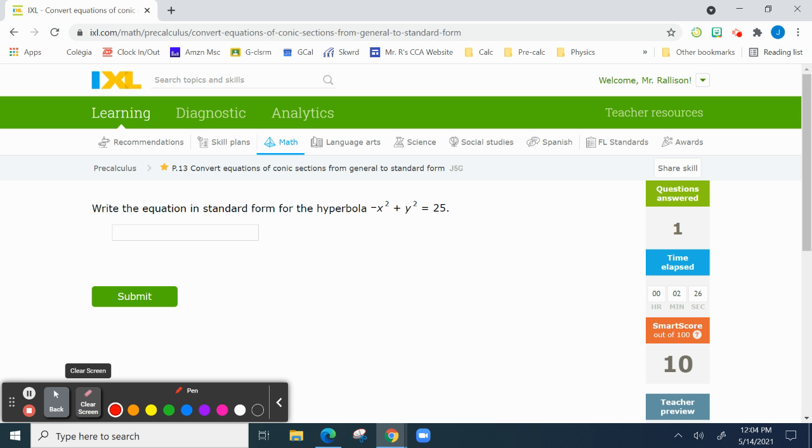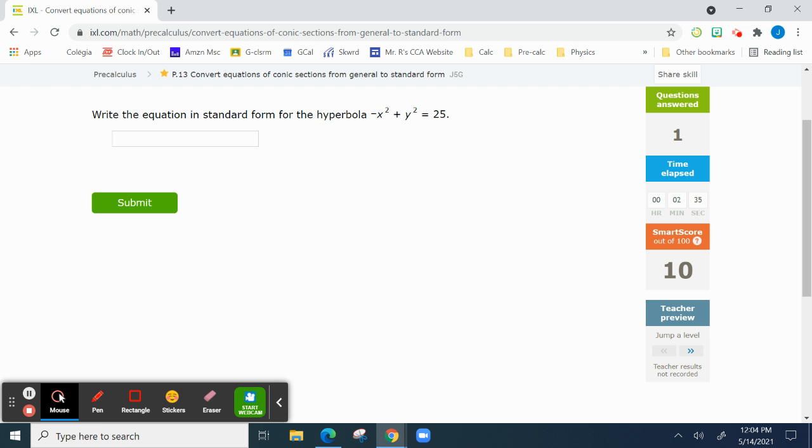I just want to get a bunch of different ones. Okay, so there's another hyperbola. The only thing you have to remember with this one is that it has to be something minus something. So we have a positive y and a negative x, so this hyperbola is y squared minus x squared equals 25.